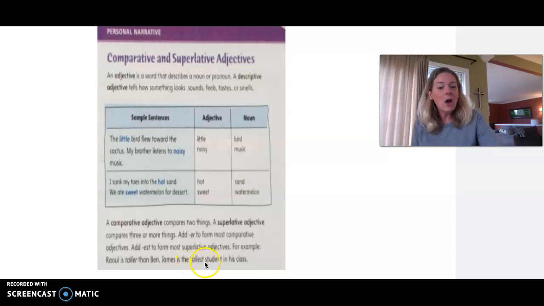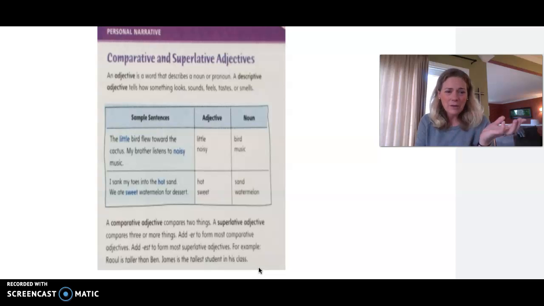James is the taller student in his class. Well, that doesn't sound right either. We know that there's more than two kids in a class, so that would be three or more, est. And we know if it's just Raul and Ben, that's two that we're comparing, e and r. So er for two, est for three or more.